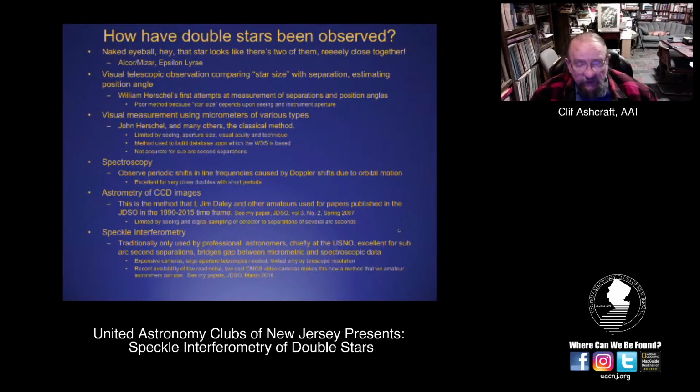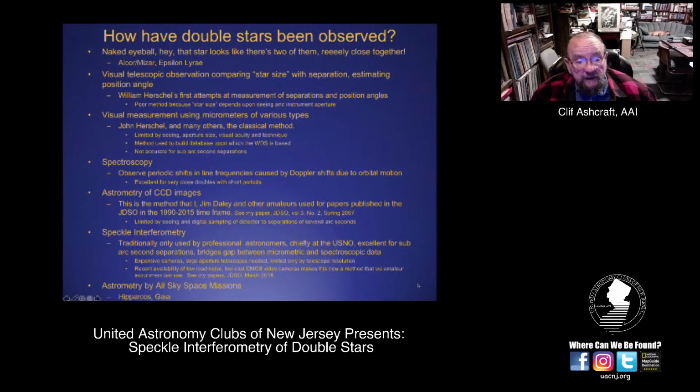Trouble is, you need expensive cameras, large aperture telescopes, and it's limited only by the telescope resolution. Recent availability of low read noise, low-cost CMOS video cameras makes this now a method that we amateur astronomers can use. See my papers in the March 2016 issue of the Journal of Double Star Observation.